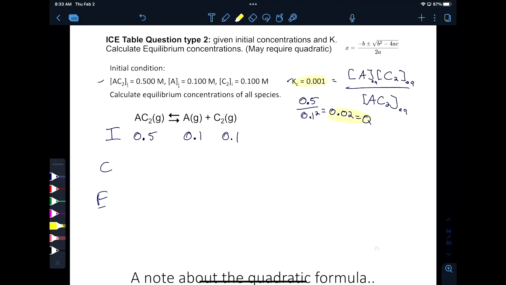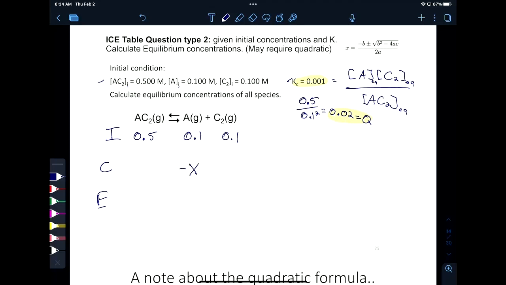I have too much products because Q is bigger than K. All right, so the reaction has to go in what direction? Reverse. So if the reaction's going into the reverse direction, then the products are going to have a minus X. So under A, it's going to be minus X.